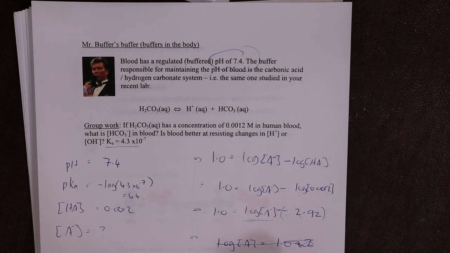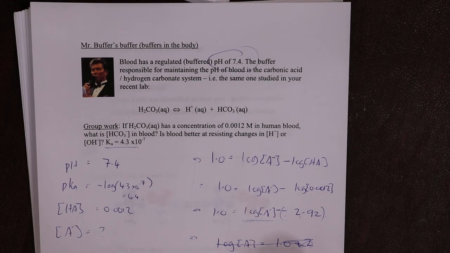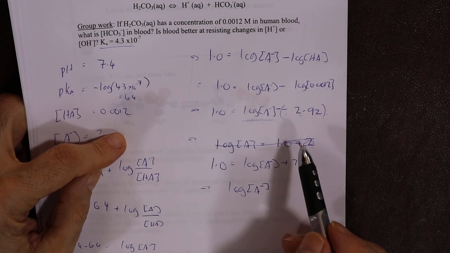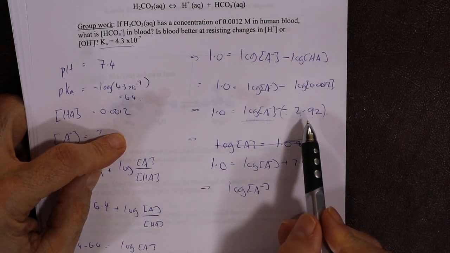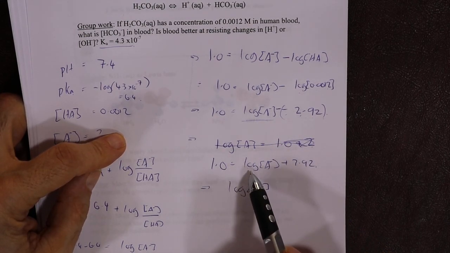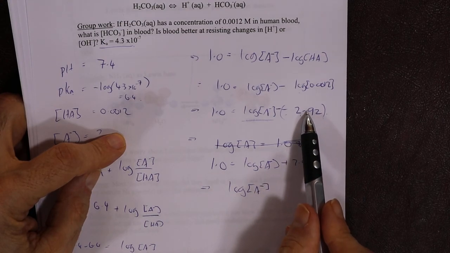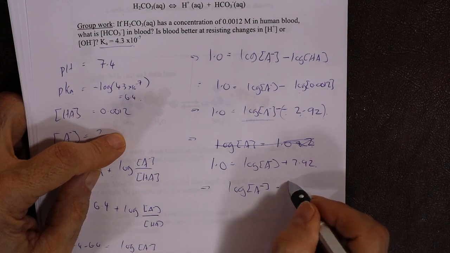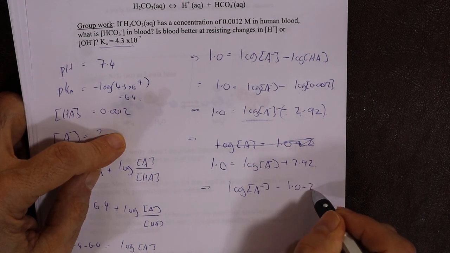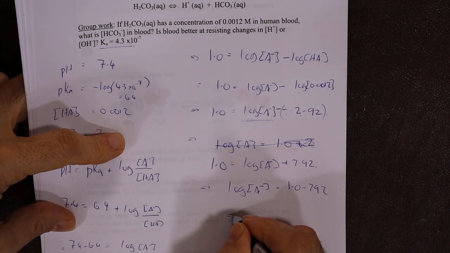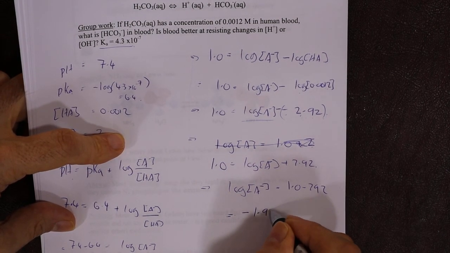Sorry, let me just recap. Minus times a minus is a plus. 1 equals log A minus plus 2.92. So 1.0 minus 2.92 equals minus 1.92.